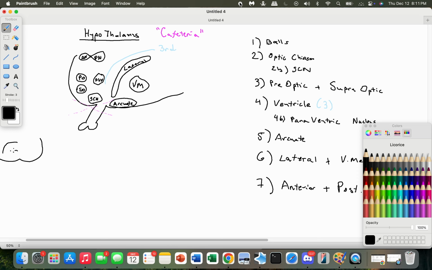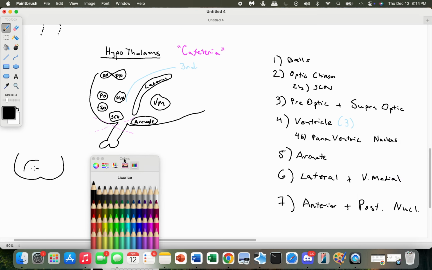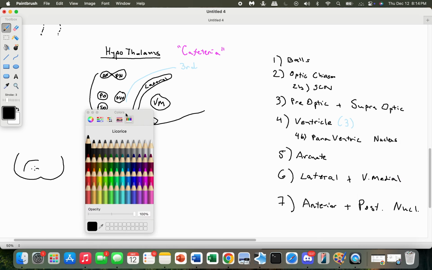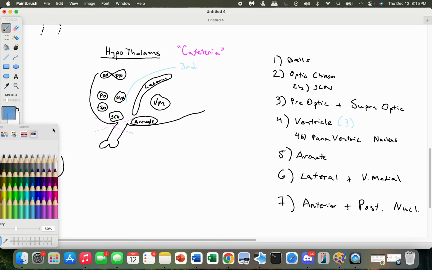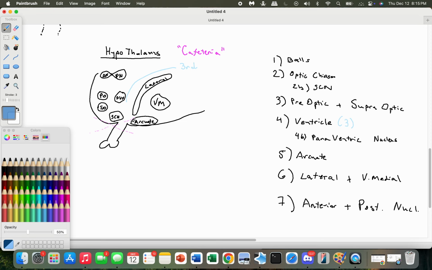Okay, into the actual functions of these nuclei, let me just do something really quick. We're going to group the nuclei. So as I told you, these are kind of optically related, right? So this is going to be our optic, and I put that in quotes. All of these are going to be your cafeteria nuclei.